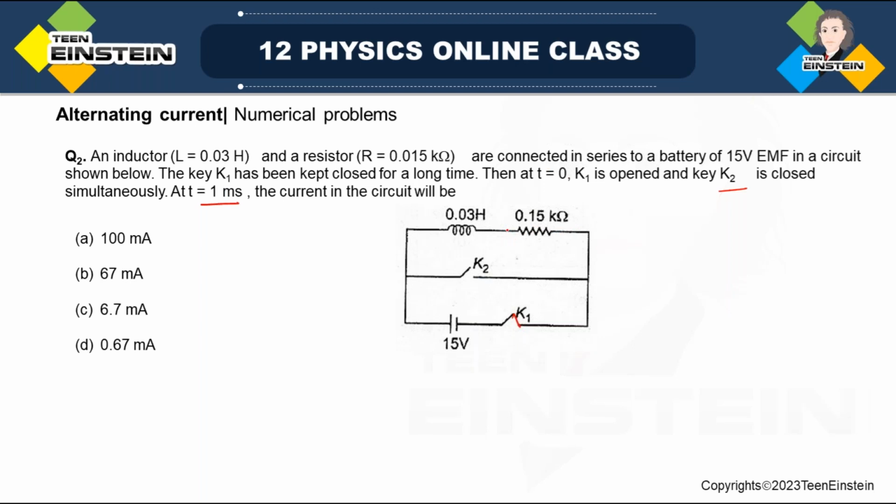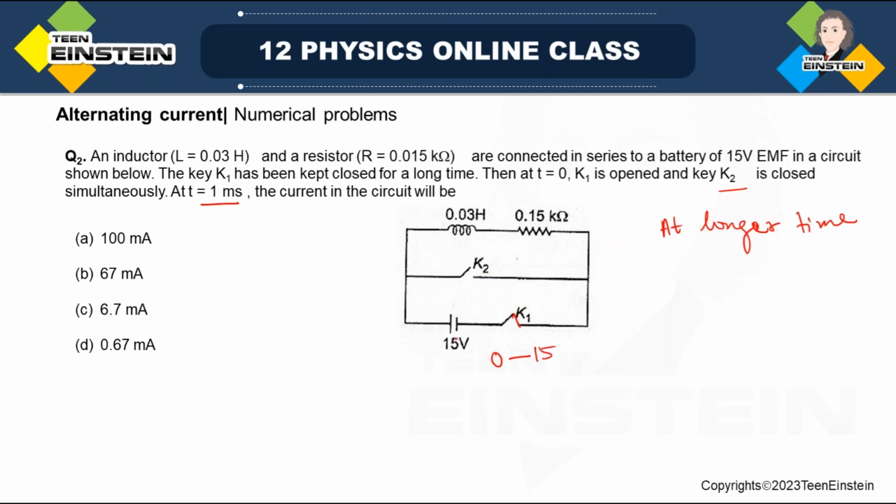At long time, what will be the long time behavior in case of inductor? In case of DC, because this has a fixed value, when you switch on the battery, current in the circuit will grow from 0.